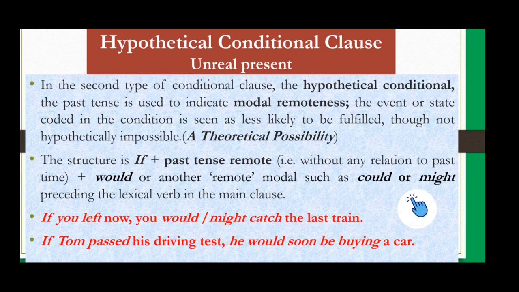Did Tom pass the driving test now? Not at all. He doesn't have a driving license. So he would soon be buying a new car. Is he buying a new car now? Not at all. We can just imagine that if Tom passed his driving test, he would soon be buying a car. We can just imagine this situation. Let's proceed.